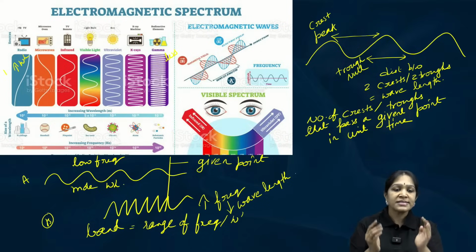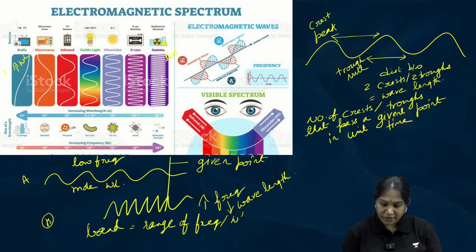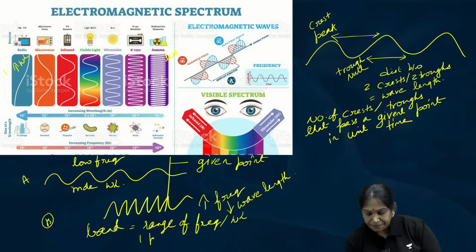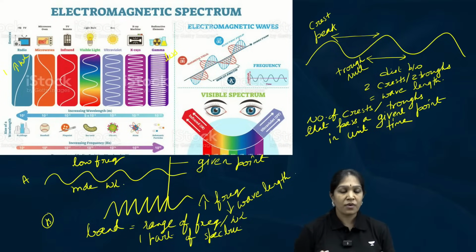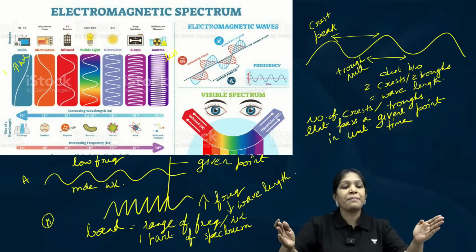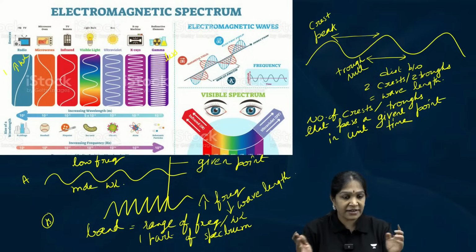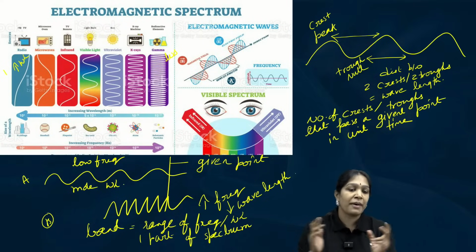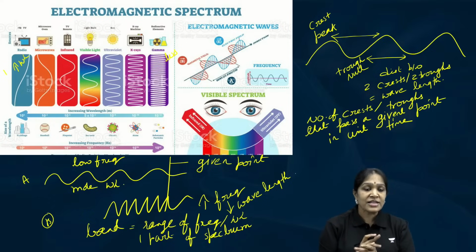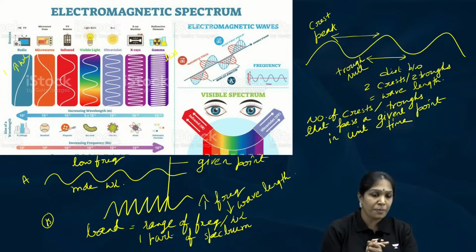Band is a smaller part of it. So one part of the spectrum is called as band. What do you mean by bandwidth? This range is called bandwidth. For example, if the range is more, it is called broadband. If the range is less, it is called as narrow band.